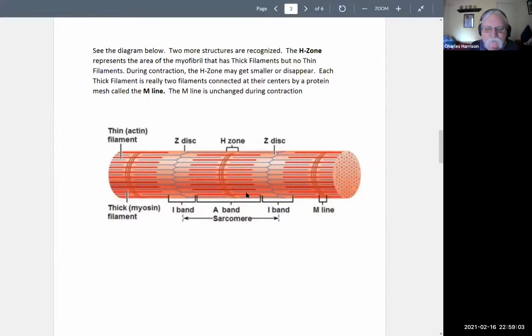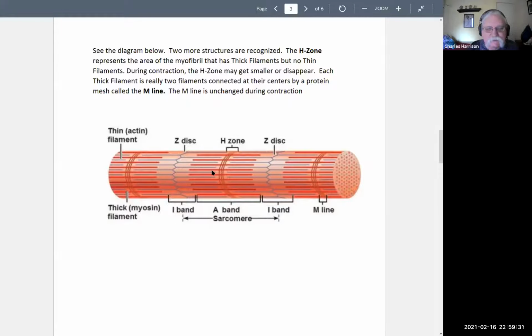The area over here for the I band: when contraction occurs, we are going to force this side into this side.